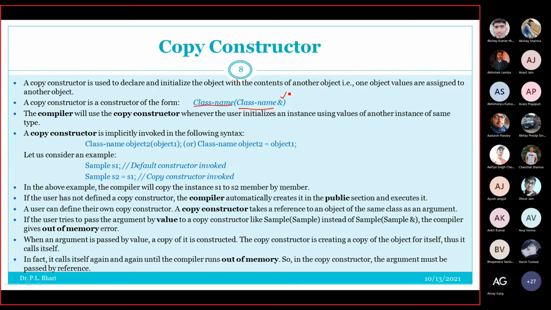Why do we use the address sign? Because we have to pass the reference of the object here. You have already seen it in the demonstration. And that's why we need to define an address sign.